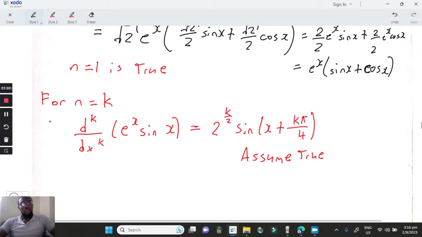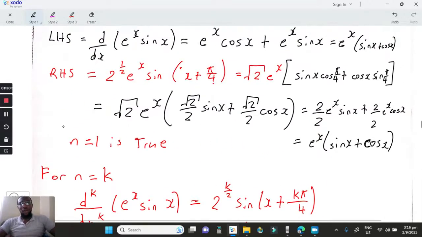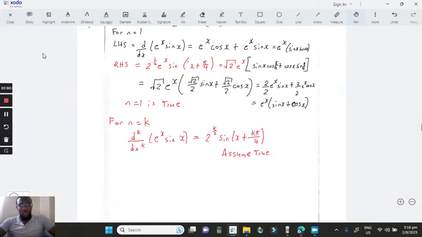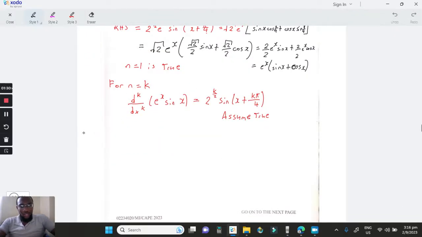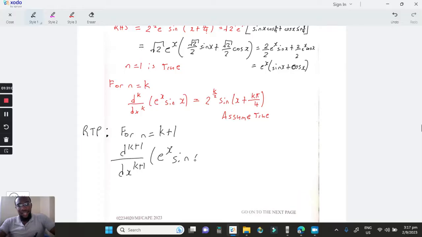Now, first thing I like to do is write down what we're required to prove. RTP, write down what you're required to prove. Before you do the proof, write down what you're required to prove. So we're required to prove, for n equal k plus 1, we're supposed to get d to the k plus 1 over dx^(k+1) of e to the x sine x.